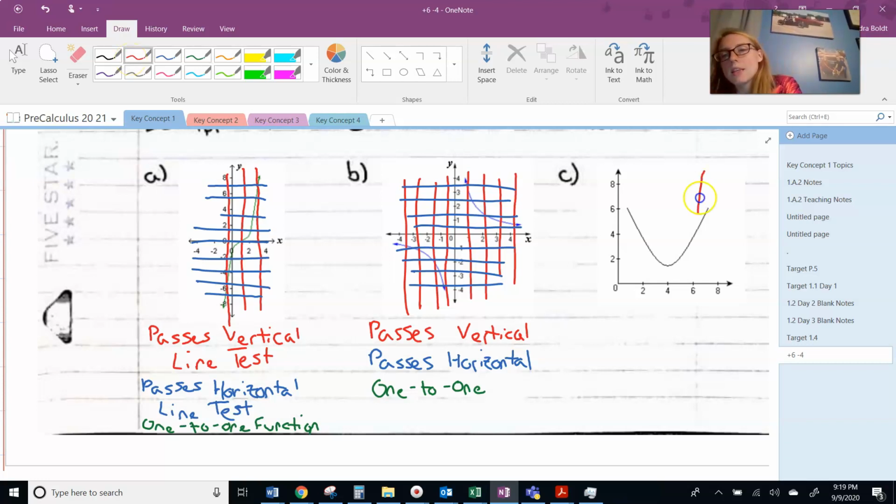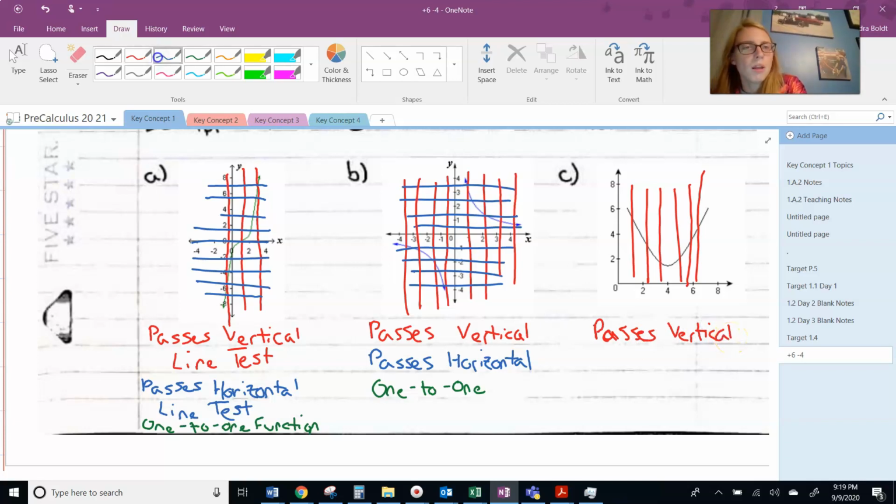Looking at C, this passes the vertical, so this is a function. This is like a squaring function or a quadratic. But I can just do at least one example where it fails our horizontal.